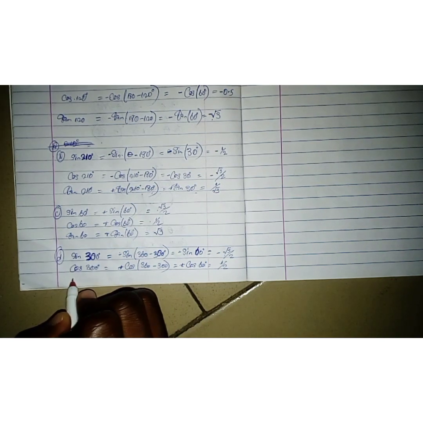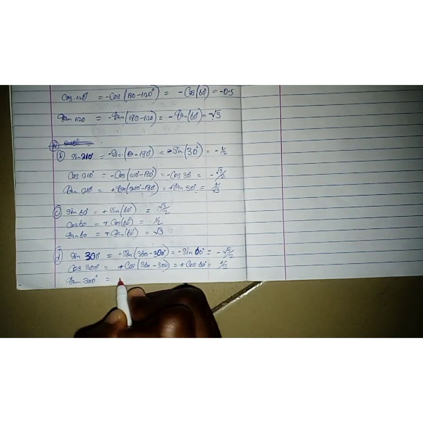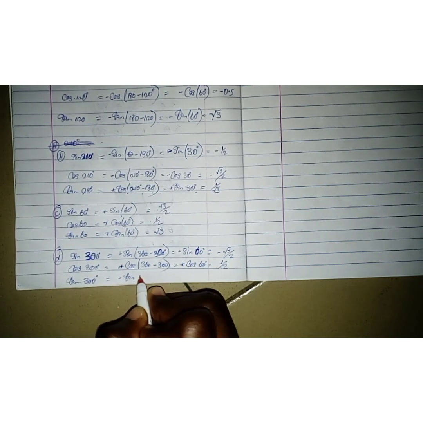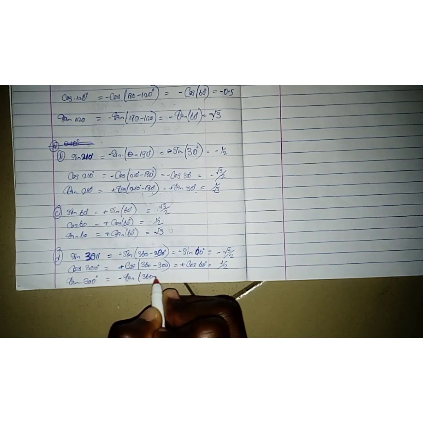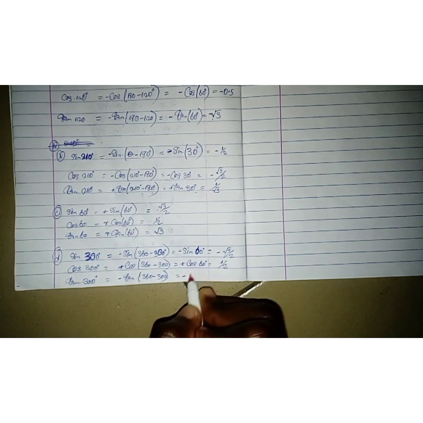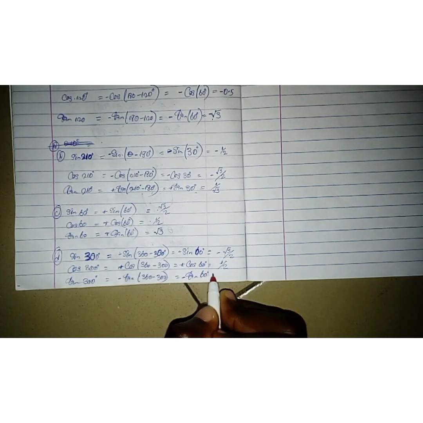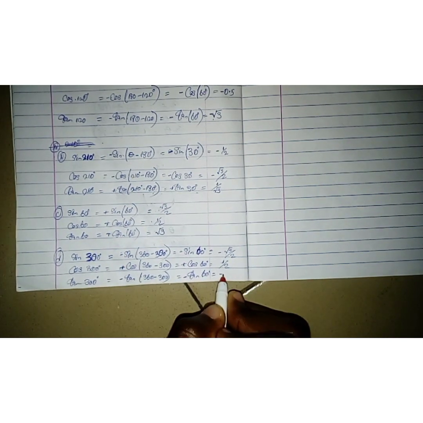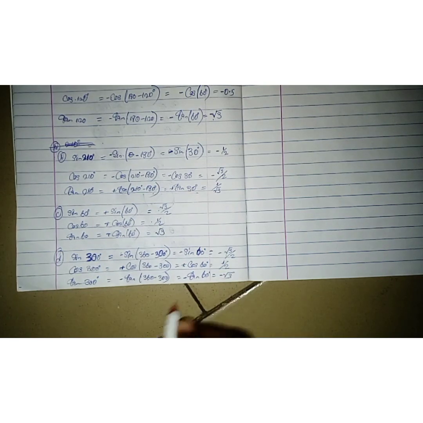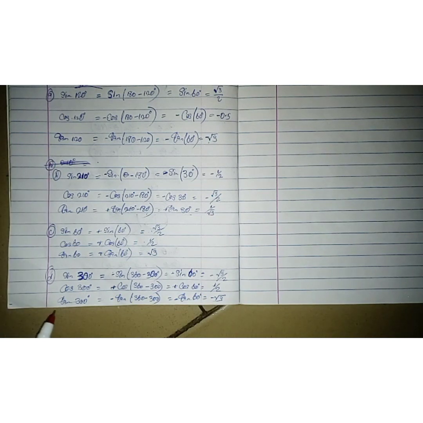So for tan 300 degrees, we have negative tan of 360 minus 300, which gives you negative tan 60 degrees, which is negative root 3. So at the fourth quadrant, tan 300 is negative root 3.